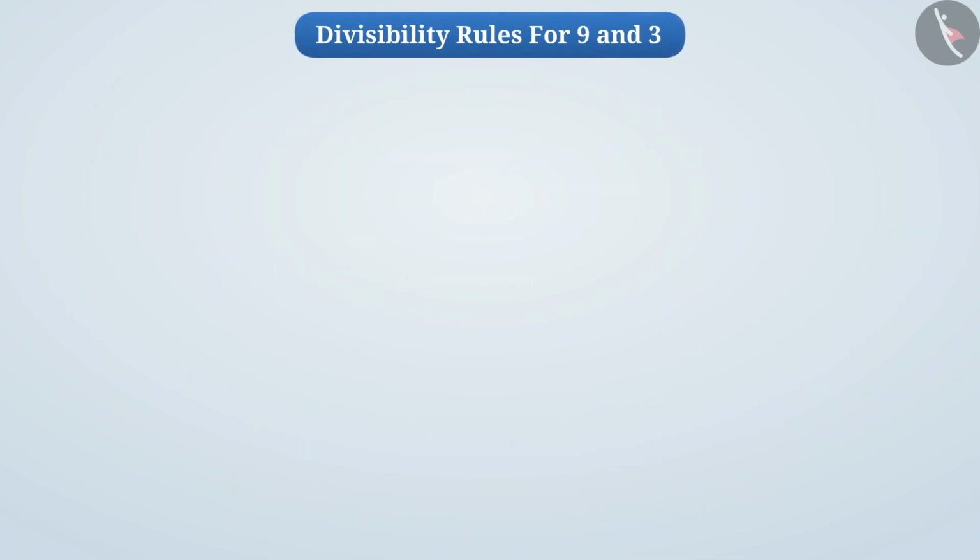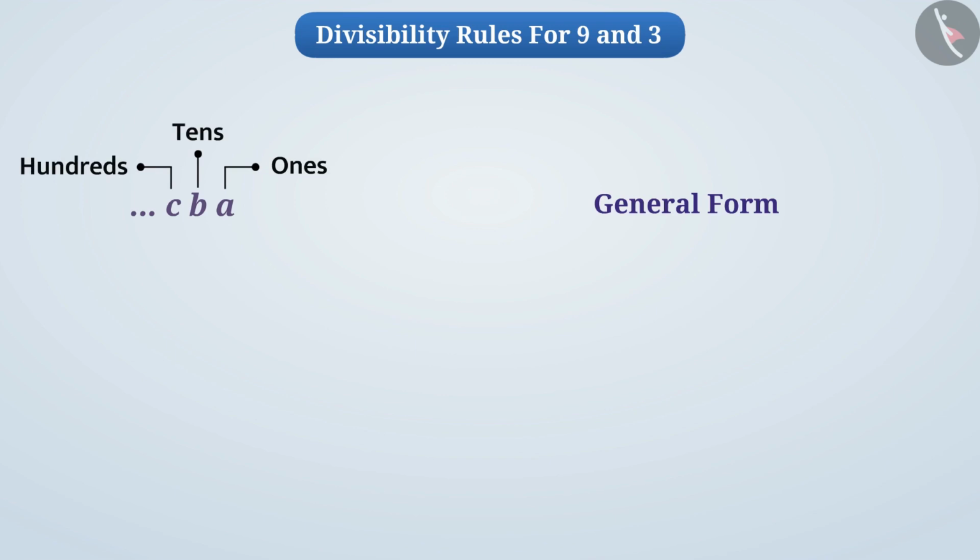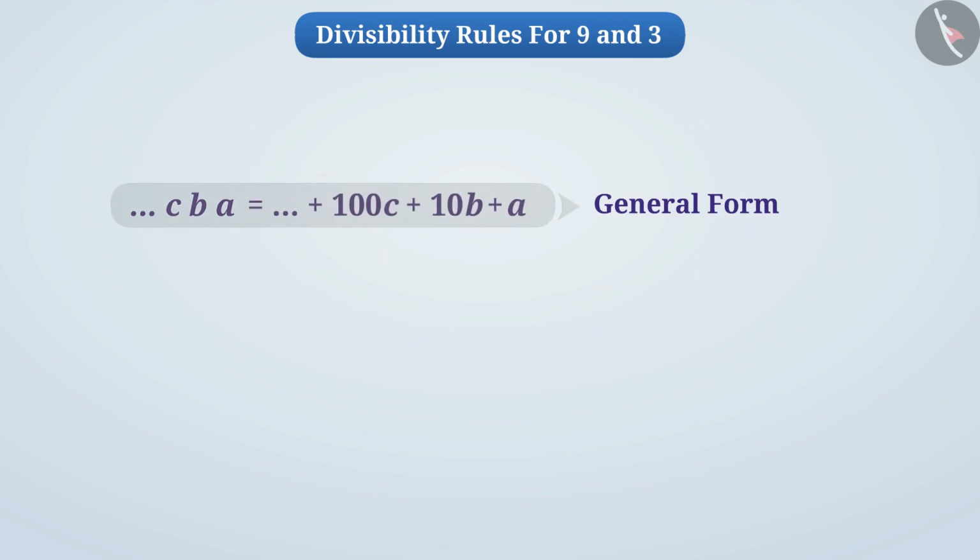Let's understand these rules in a general way. Suppose we take a number like this. It has A at 1's place, B at 10's place, C at 100's place, and these dots tell us that there can be more digits to the left of C. With this understanding, we can write this number as follows.